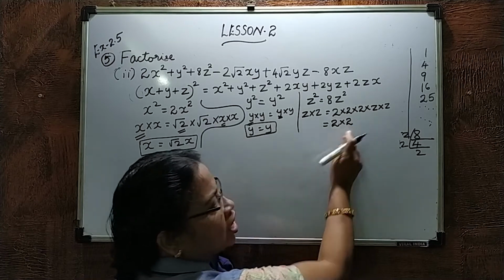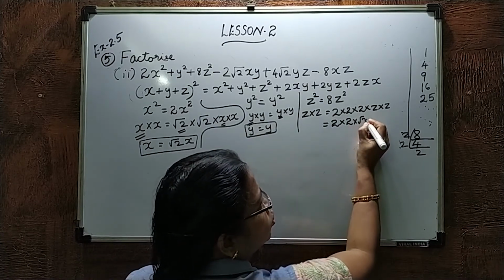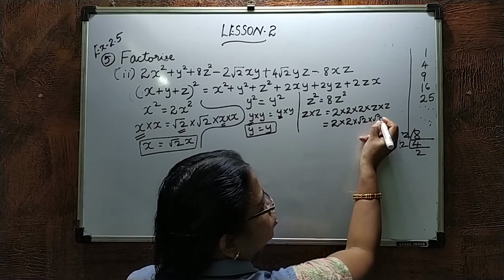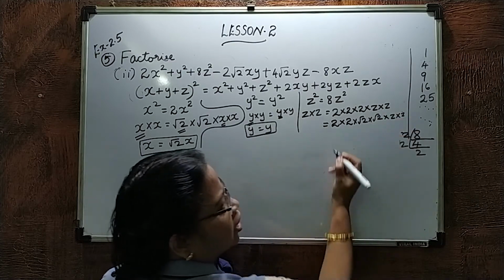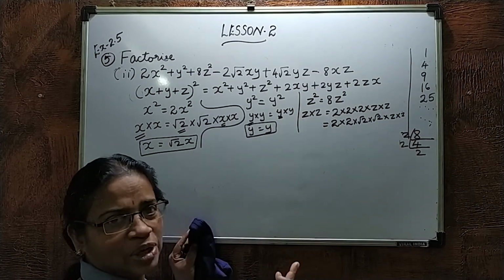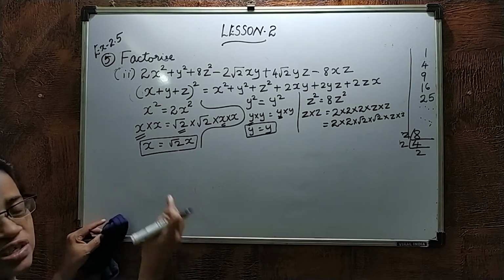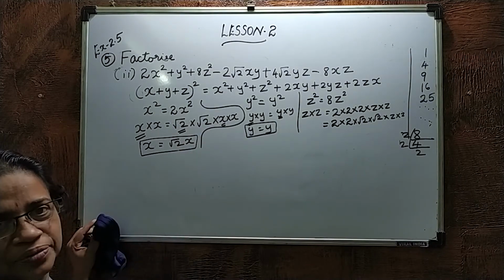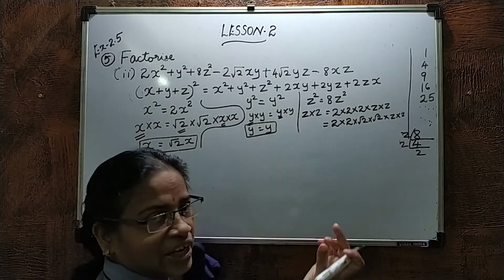First 2 we are going to write. The third 2 as root 2 into root 2. Then into z into z. Now look, twice they are multiplying. If they multiply twice, then only we can take the first one number. Clear? Twice they are doing, then from there we can take that number.